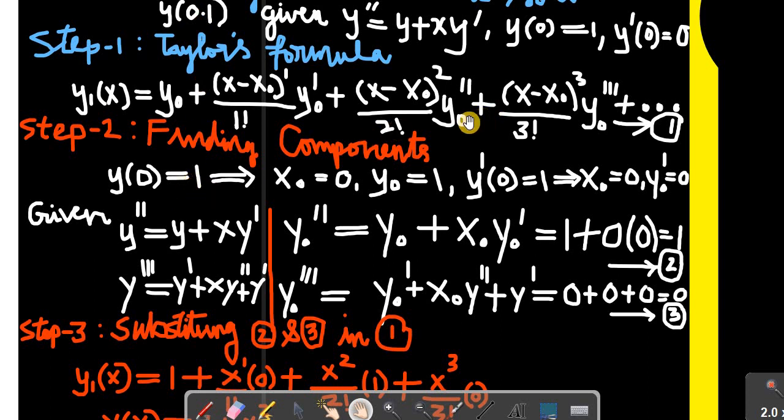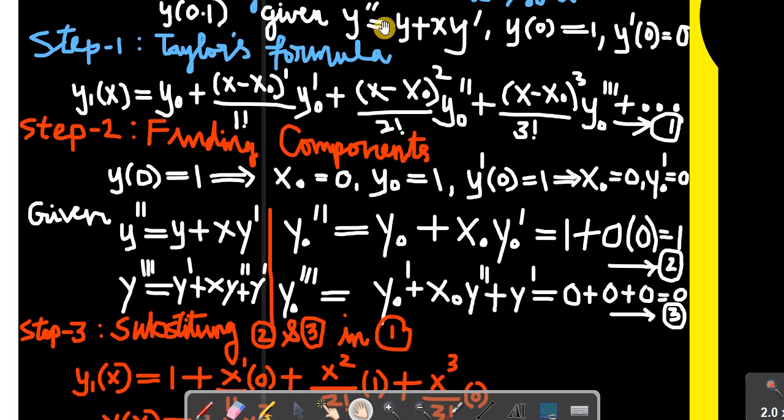Now look at that. How can we find this? That is the second derivative at x naught equals 0 and the third derivative at x naught equals 0. That's what we have to find out here. Now look at that. From the given ordinary differential equation, what is given to us is this: y double dash equals y plus x y dash.